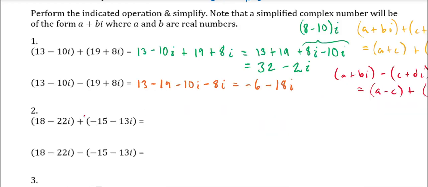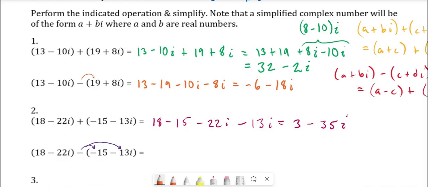Let's practice. Here I have 18 minus 15 and minus 22i minus 13i. Combining like with like, we get 3 minus 35i. With the difference, as before, we need to remember that we are distributing, just as we did up here.